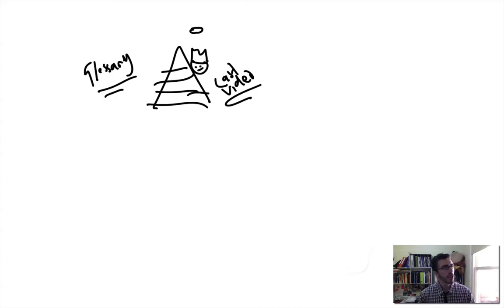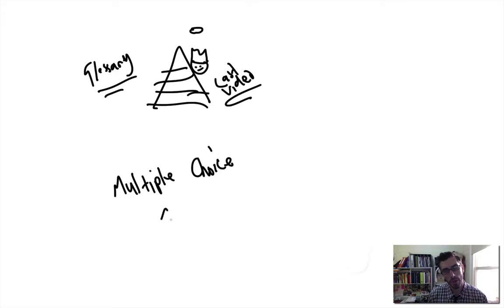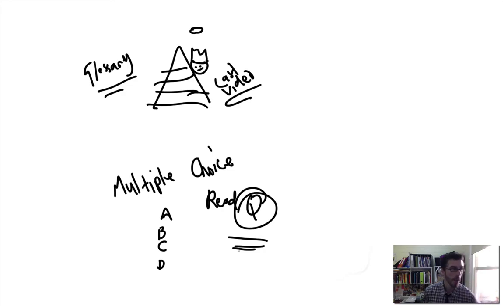Then you've got multiple choice, okay? So with multiple choice, you're going to have 4 options, generally A, B, C, and D. What I would suggest is just read the question first and read it thoroughly, because hopefully the answer is right in there.